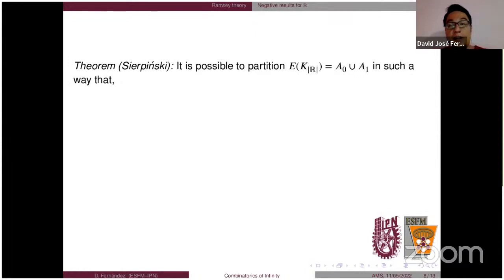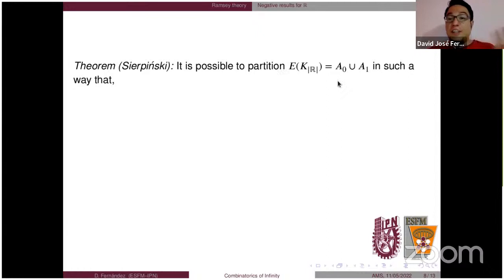And well, this is the easiest way to prove that. It's a theorem of Sierpinski. And in this case, it's talking about the cardinality of the real numbers. So Sierpinski finds a partition of, well, depends on how you want to think about it, either all pairs of real numbers or all edges on a complete graph with as many vertices as the set of reals.